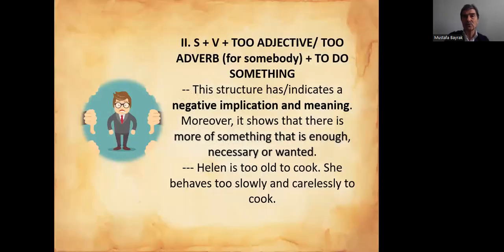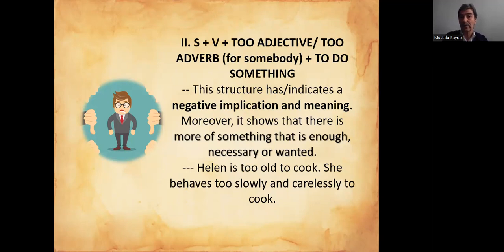Now, Roman number 2, this is the second one of the concession expressions with to. It is again after verb. To adjective or to adverb, again, for somebody to do something. This is important. This structure indicates a negative implication and meaning.